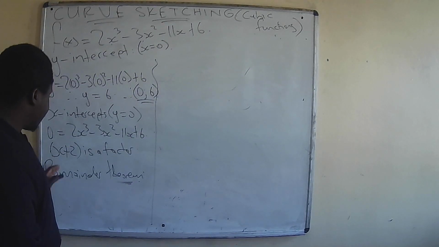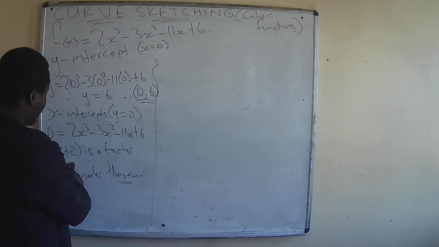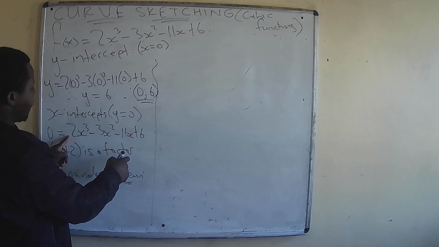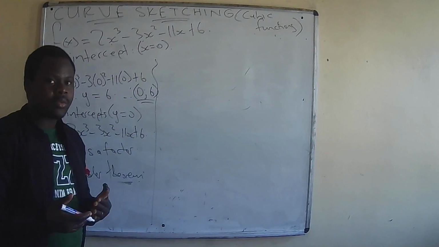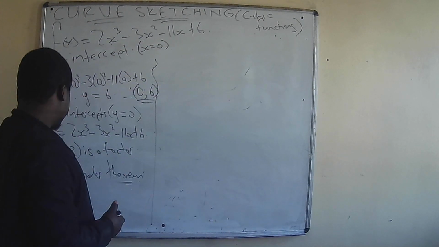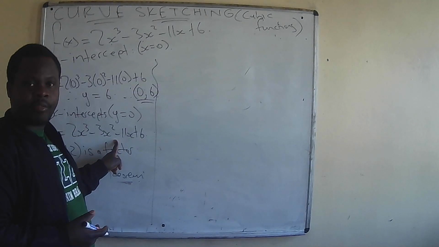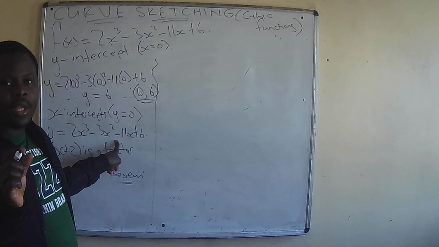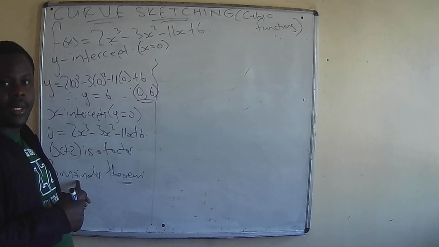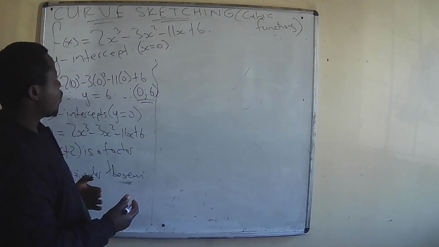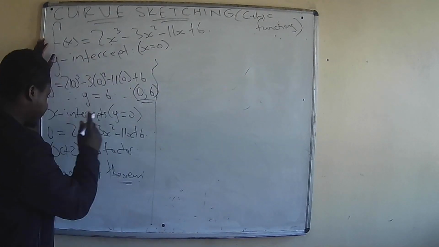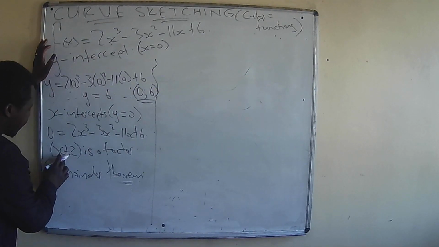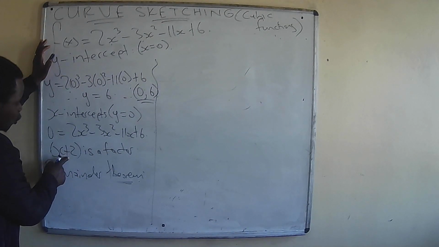So we're going to substitute into the cubic function. If we substitute and we get a 0, then we know that truly this is a factor. If you are given x plus 2, then you need to use the opposite sign.